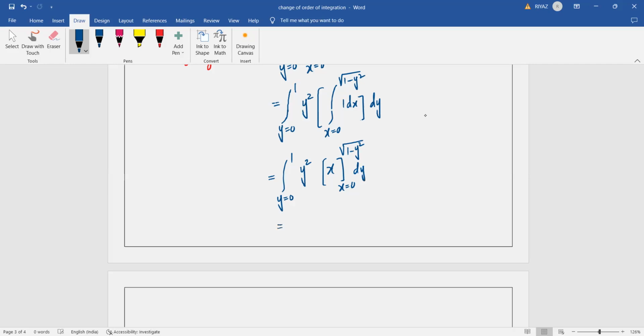Upper limit minus lower limit. Whenever you come to a situation like this, two functions in multiplied form, we have to convert this into the polar form and integrate.